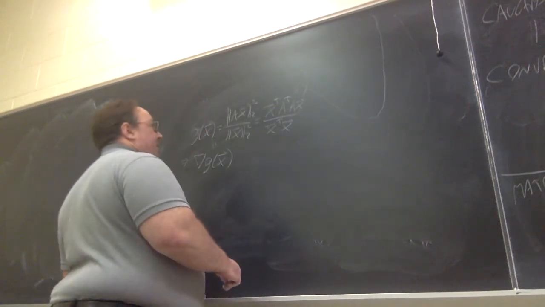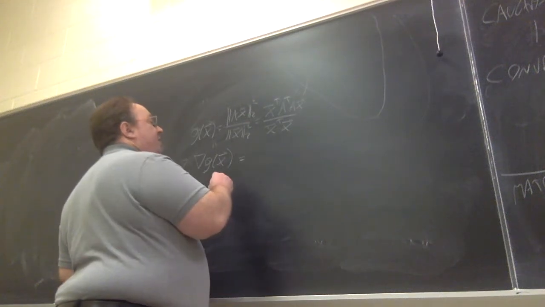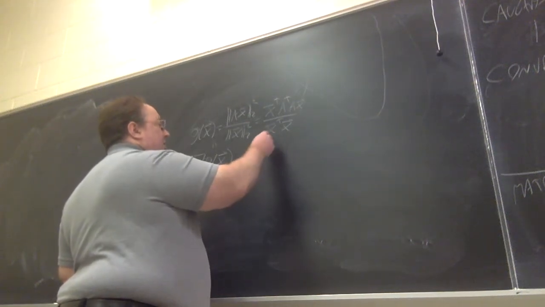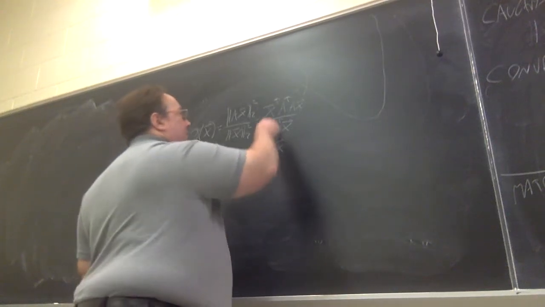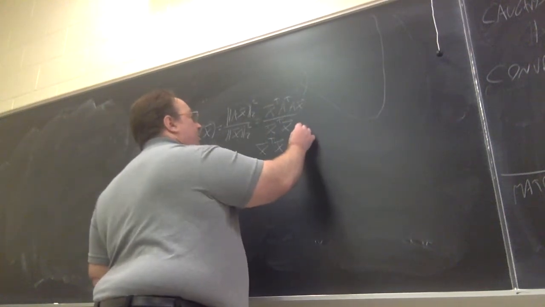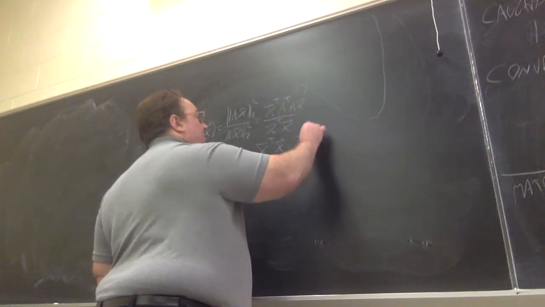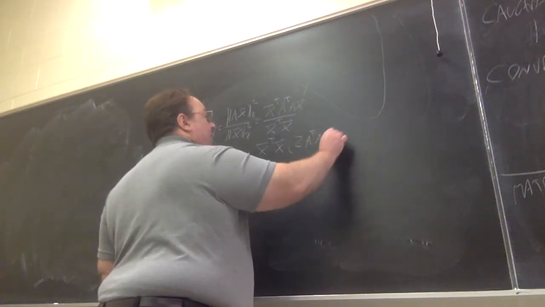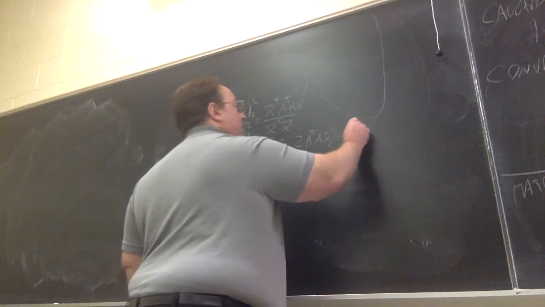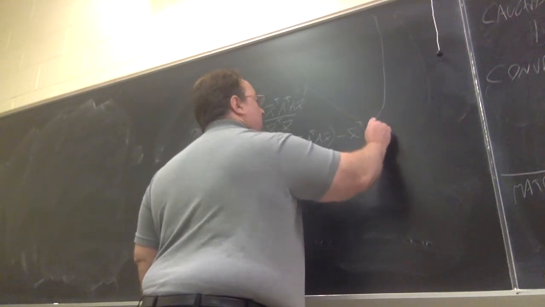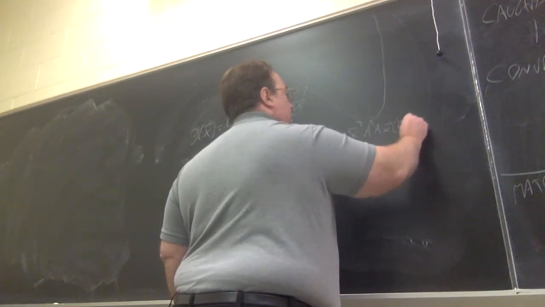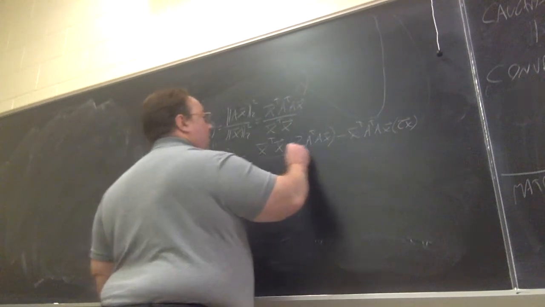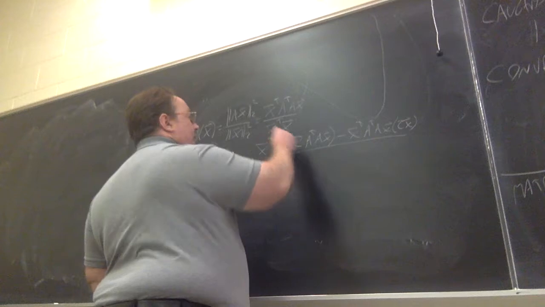The gradient of g turns out to be, and you can really use the quotient rule for this, that times the gradient of this, which is 2A transpose Ax, minus this times the gradient of this, which is 2x, all over that squared.